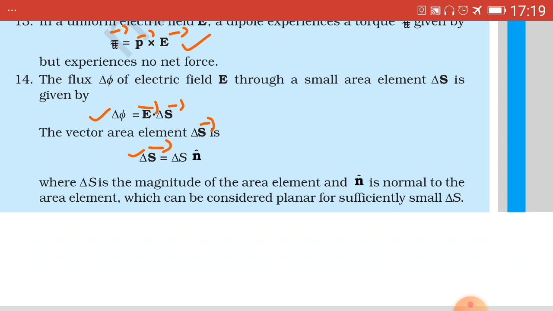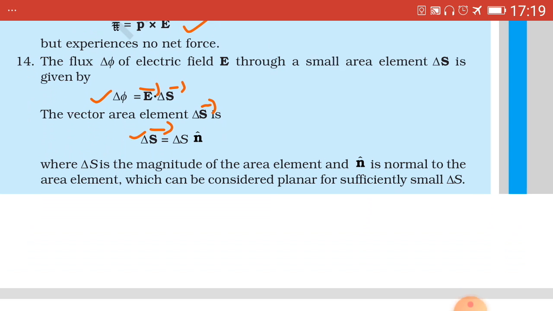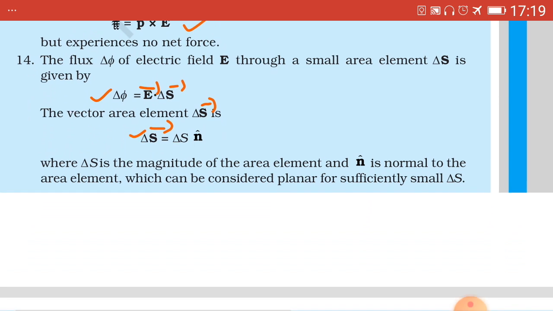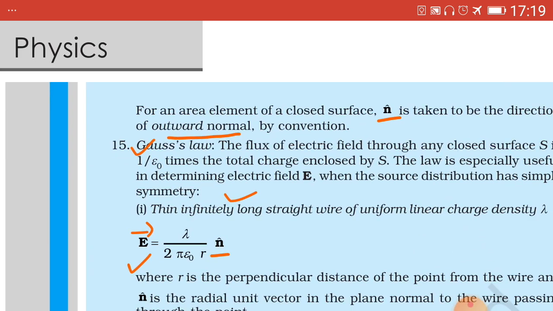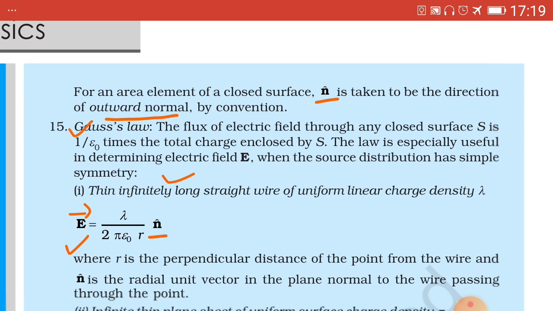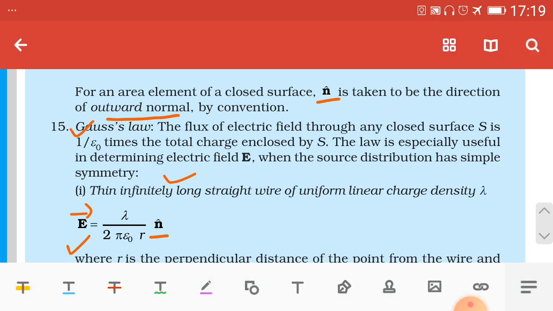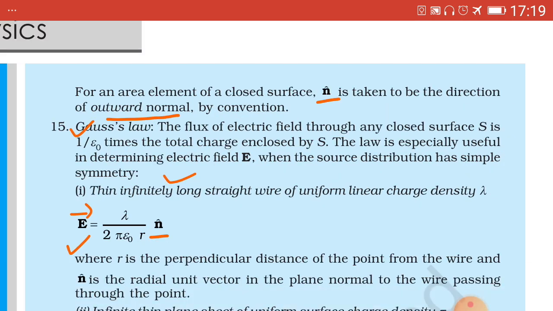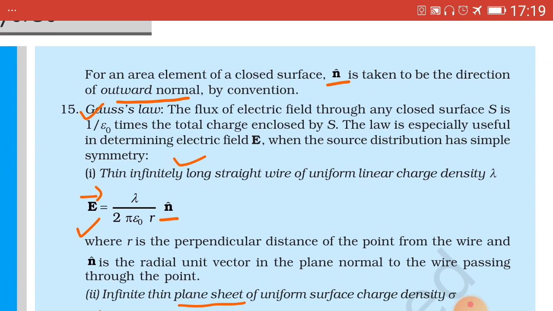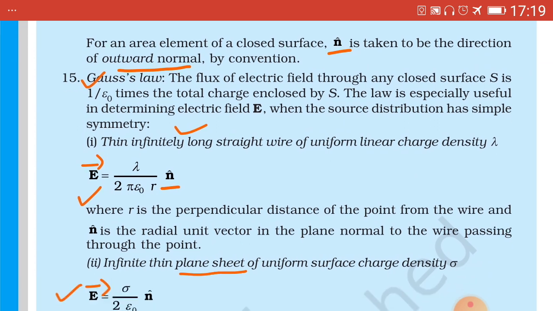Delta S, magnitude of area element, n hat is unit vector normal to the area element. N hat is taken to be the direction of outward normal, that is by convention. Gauss law statement we have seen earlier.